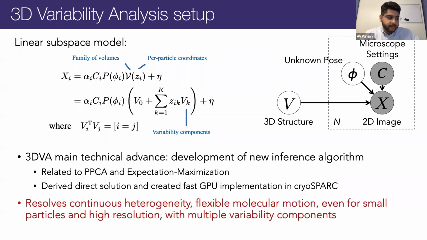And what this all means, the big news, is that compared to all the other methods that have existed in the past to try and solve this linear subspace model problem, 3D variability is the first method that can actually resolve high resolution motion, even of small particles with multiple different variability components at the same time, and really show us the flexible and discrete heterogeneity within a sample in a really straightforward and new way compared to mainstream techniques like 3D classification. So that's what 3D variability analysis is all about in a nutshell.